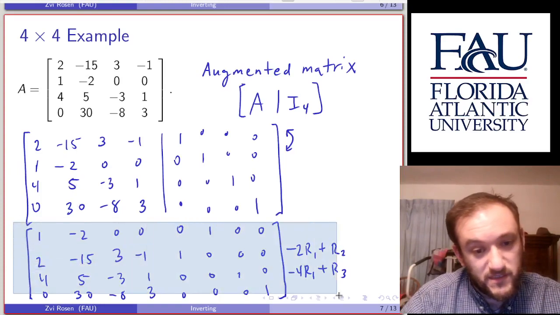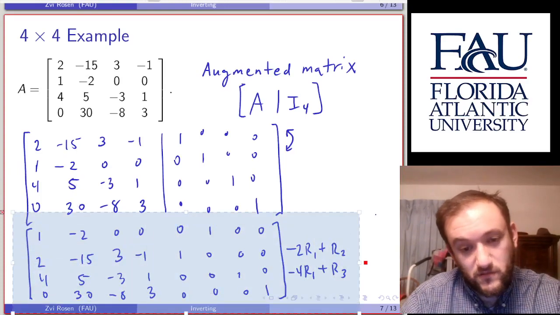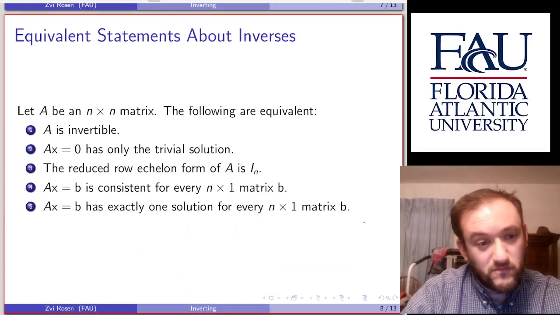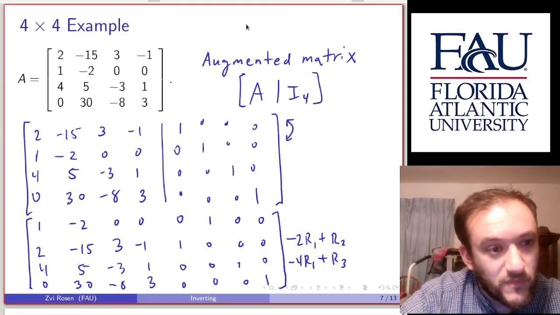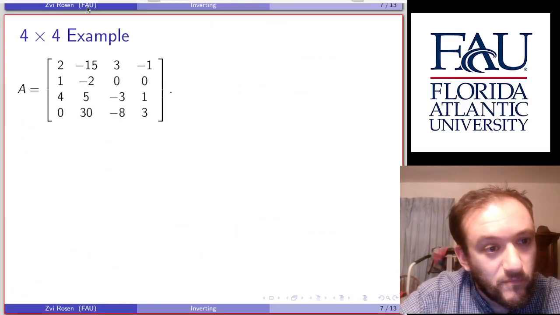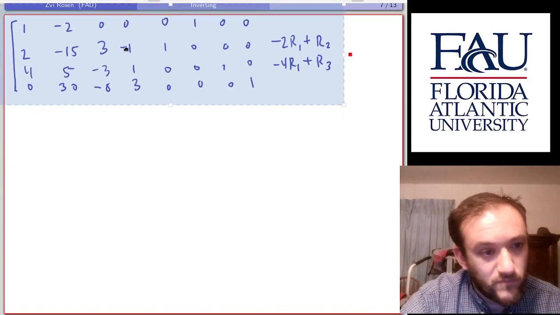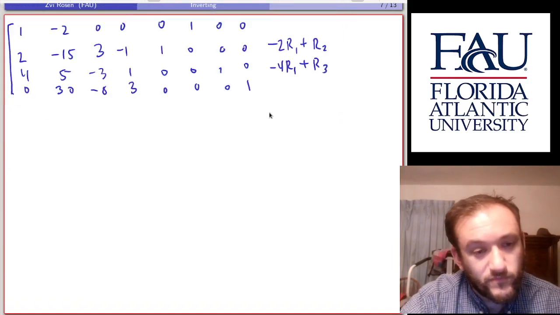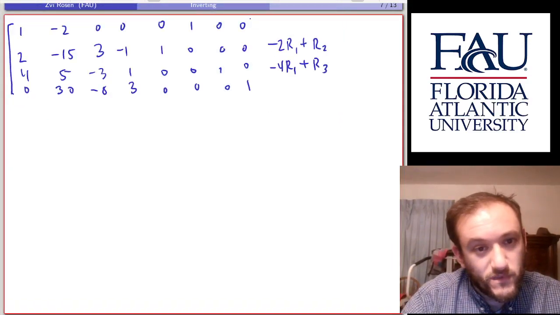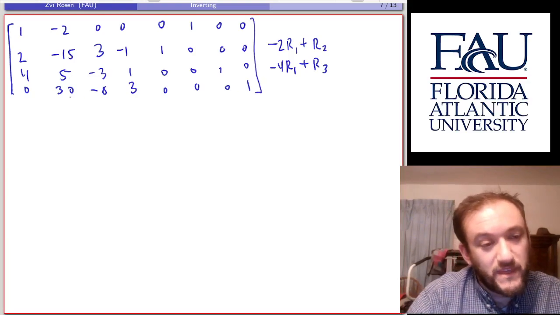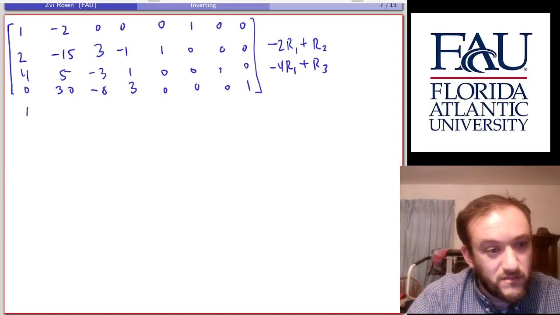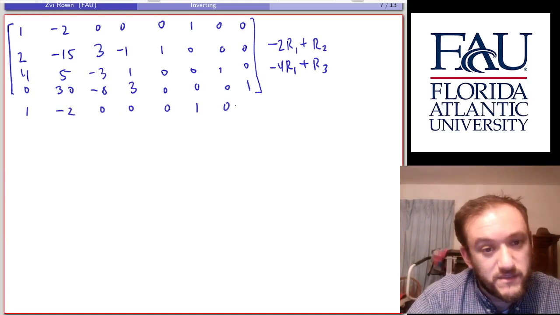Let's copy this to the next page. Okay, so what we get is same top row, 1, minus 2, 0, 0, 0, 1, 0, 0.